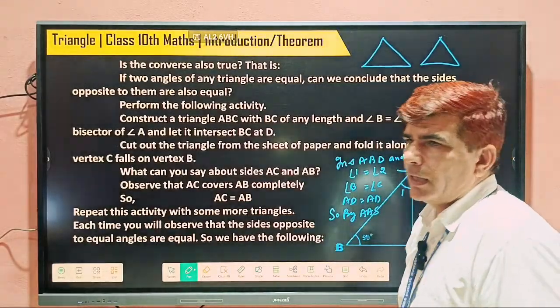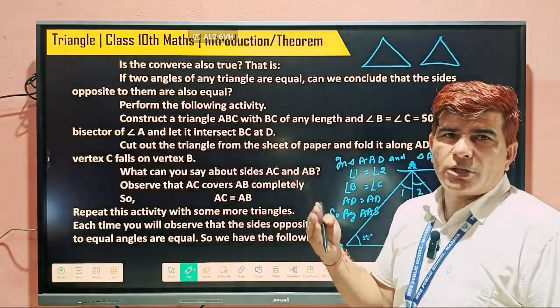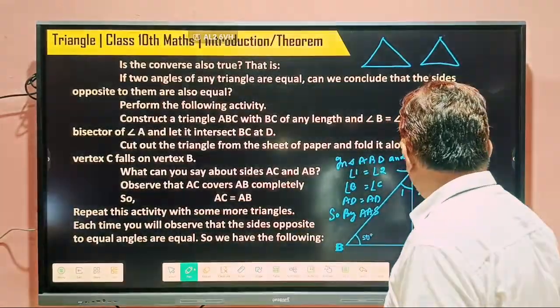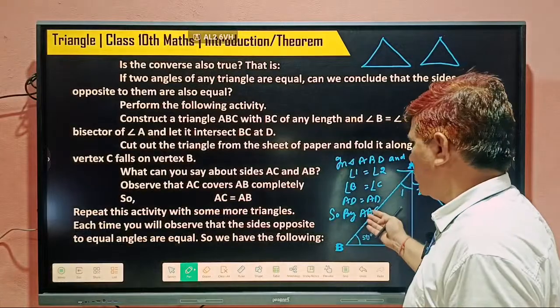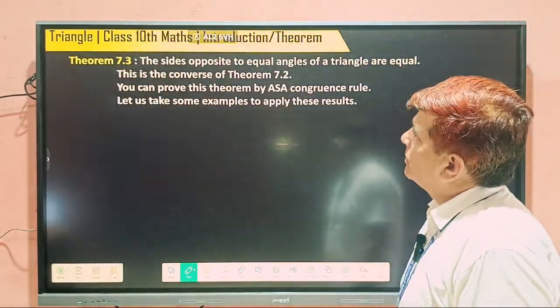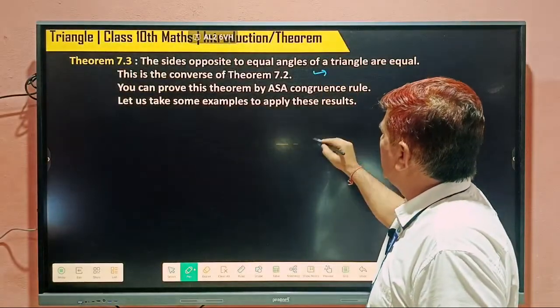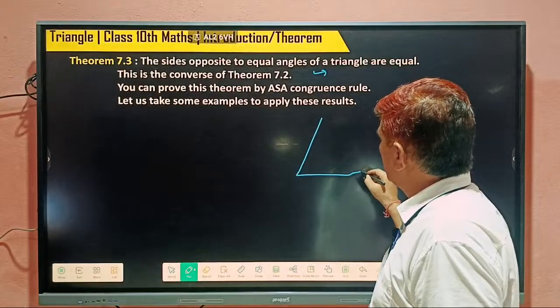So we can say its converse is also true. I told you the proof earlier; here also its proof is given. If not given, you can take these two triangles.